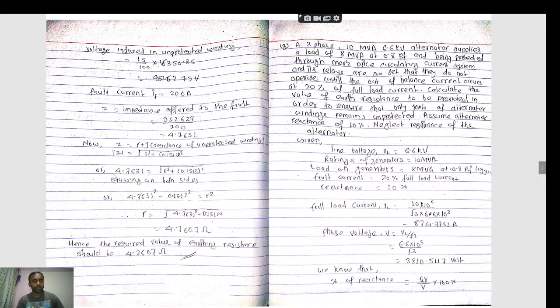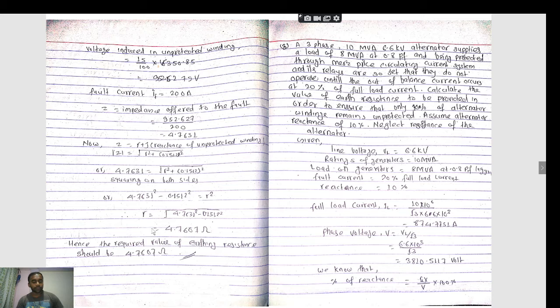So 4.7631, the impedance offered to the fault, equals the root under R square plus 0.1512 square. Squaring on both sides, we get this expression, and then R equals the root under 4.7631 square minus 0.1512 square.